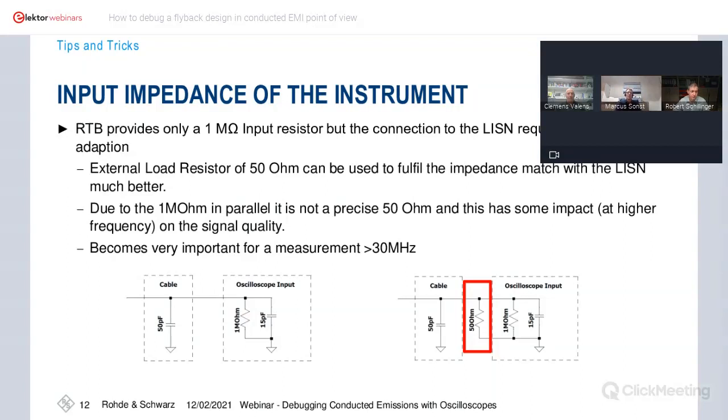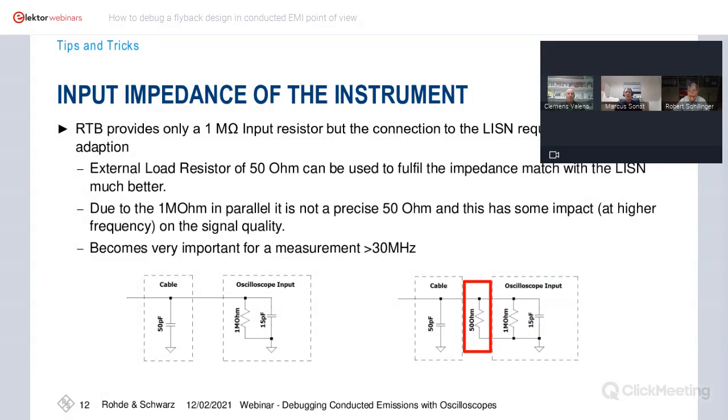Then we have the input impedance of the instrument. Typically, the RTB, or at least our RTB, only provides 1 megaohm input resistors. Some higher or more expensive devices also provide an internal 50 ohm resistor. That is helpful when you want to have nice impedance matching, because a line impedance stabilization network requires a 50 ohm adaptation. We have only the 1 megaohm on our RTB.